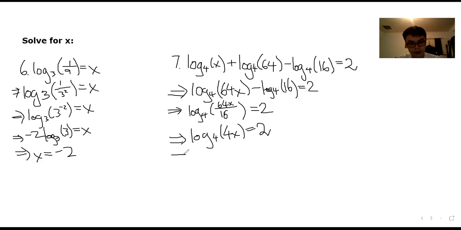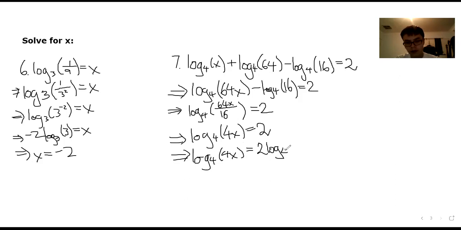And then now we have log 4 for x still on the left hand side. Let's ensure that we have the log base 4 on both sides of the equation, just so that we can make things simpler.